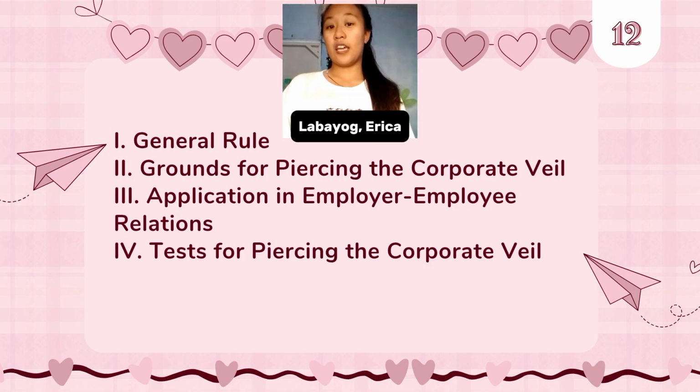It is commonly invoked in cases involving the non-payment of wages, benefits, or separation pay; illegal dismissal cases where the corporation was used to avoid liabilities; labor-only contracting or schemes where employers use a corporation or juridical entity to evade employer obligations; and closely held corporations where shareholders dominate corporate affairs, making it indistinguishable from the owners.